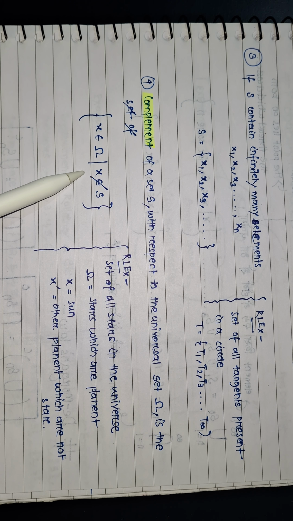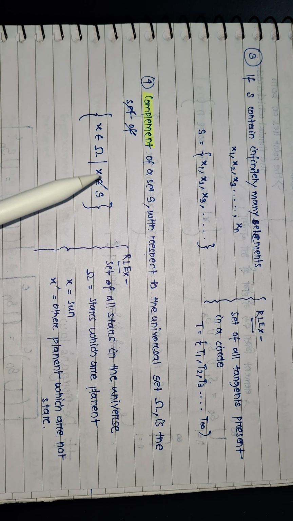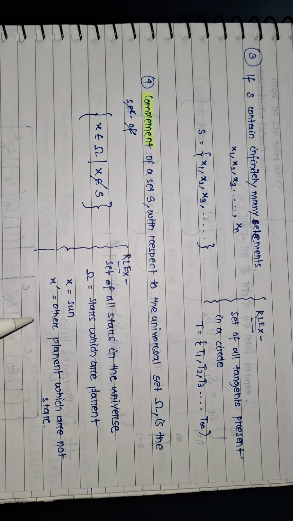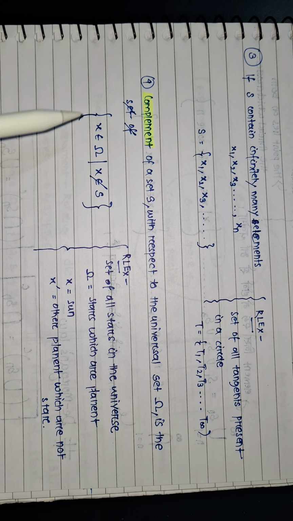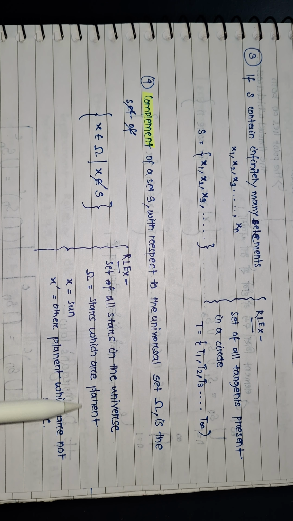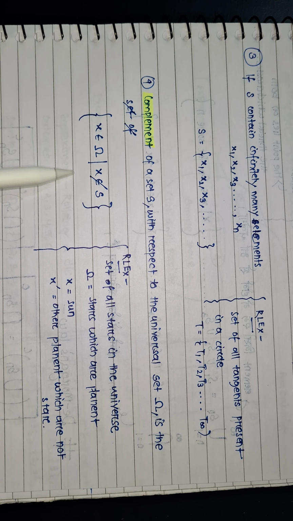X is not an element of S means other planets are not an element of S. The simple meaning of this line is that the sun is an element of the stars, and other planets are not an element of stars.